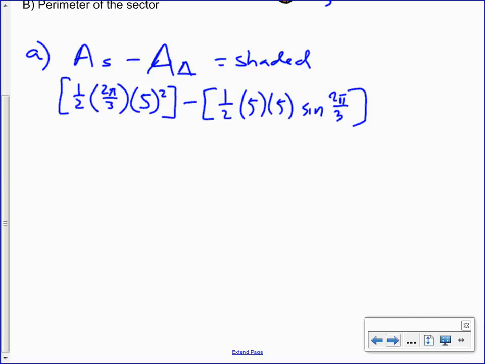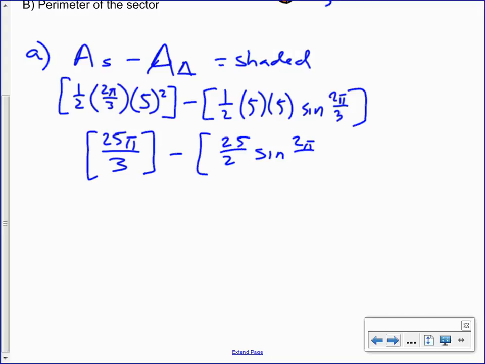Which simplifies to 25 pi over 3 minus 5 times 25, so 25 over 2, sine 2 pi over 3.